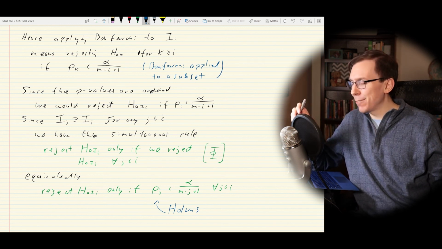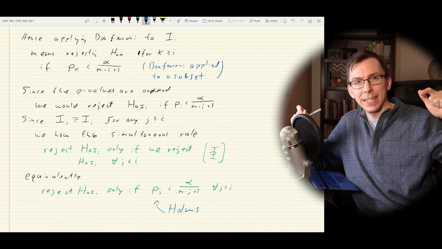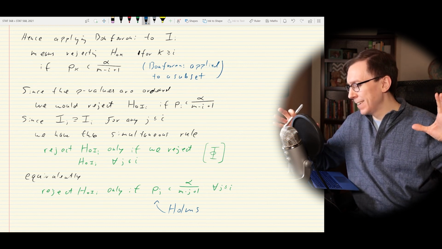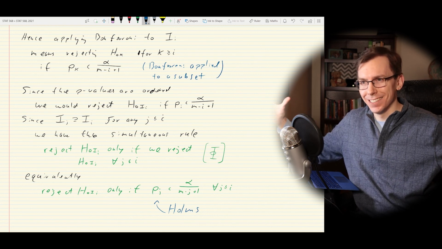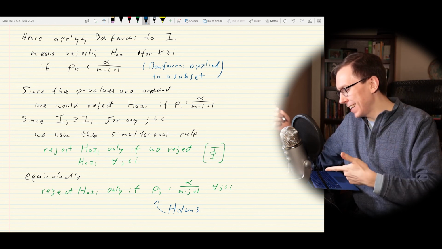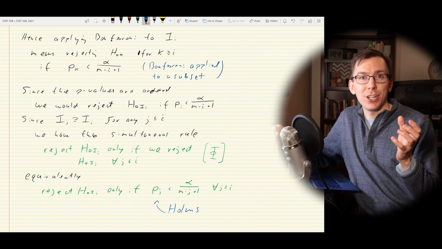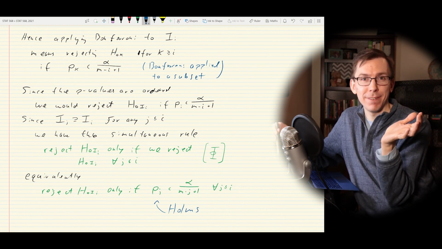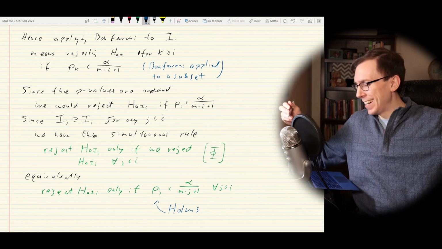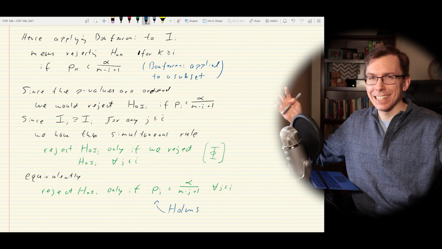Then if we apply that to a joint null hypothesis, and consider the simultaneous test, where we have to reject all of the larger joint nulls first, what that gives us in this specific setting is Holm's method. So it's basically saying, if I want to consider rejecting I sub I, I should already consider the bigger sets, the I sub j's, which contain more p-values because j is less than I.